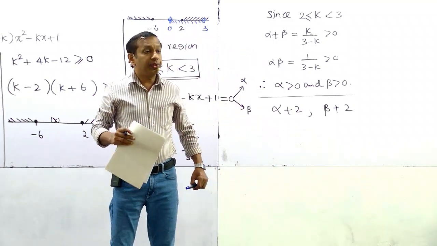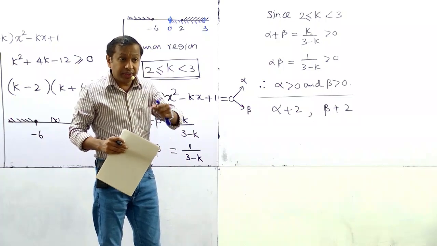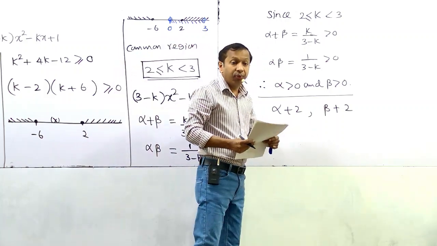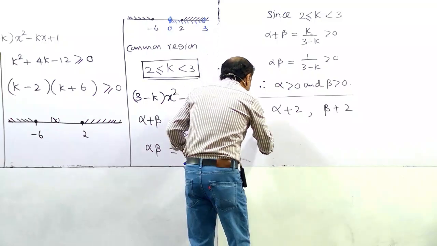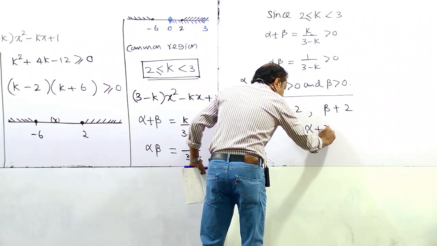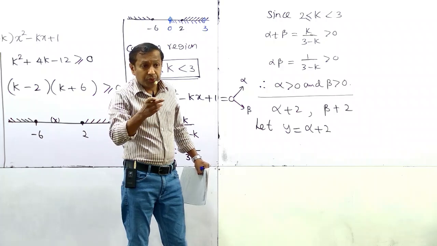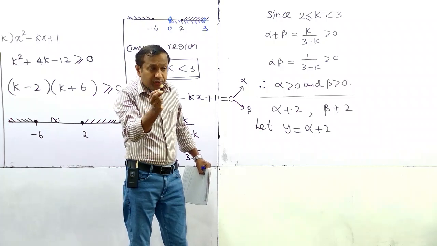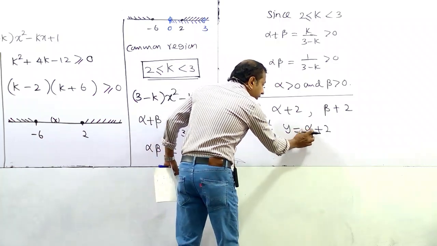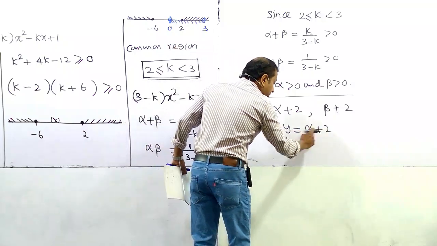When the two roots given are symmetric, to find the quadratic equation, there is a separate technique. Any root out of these two we take as y. Then let y equals alpha plus 2. Can you remember this method I did in the class? After taking like that, this alpha, the root of the present equation, we take this 2 to this side.